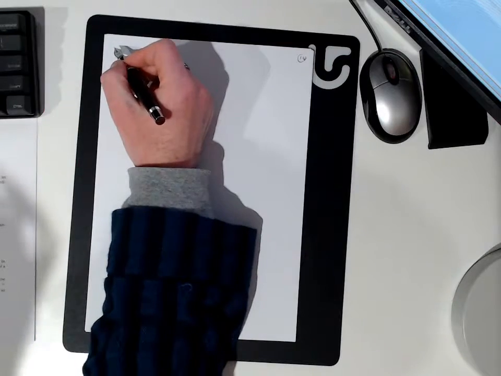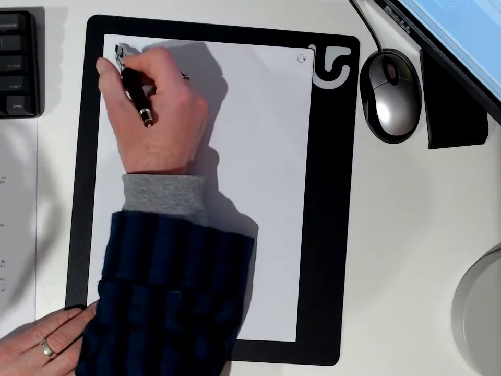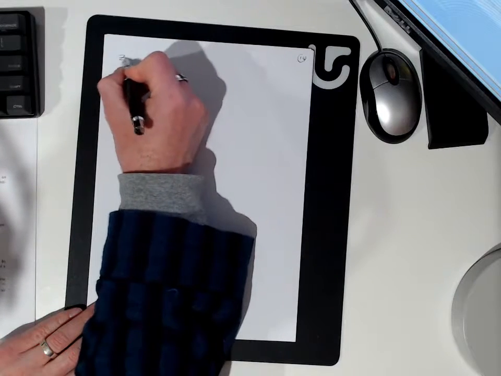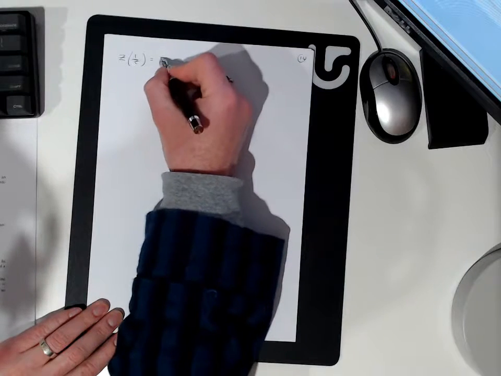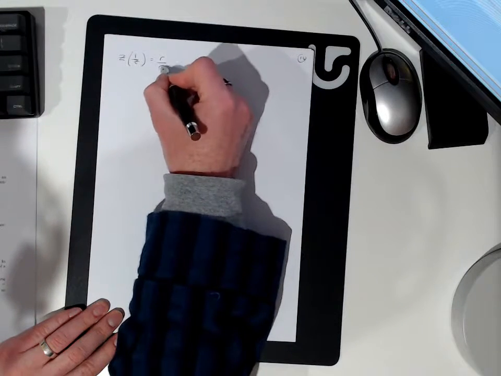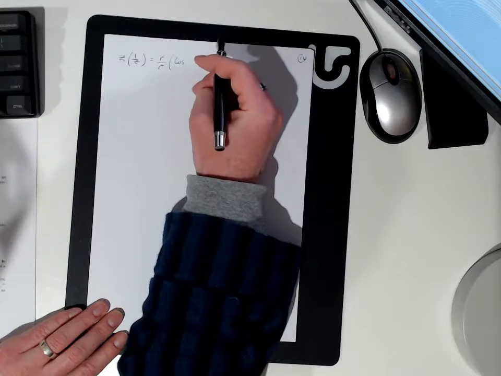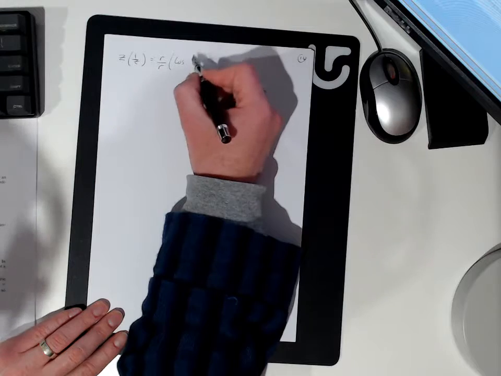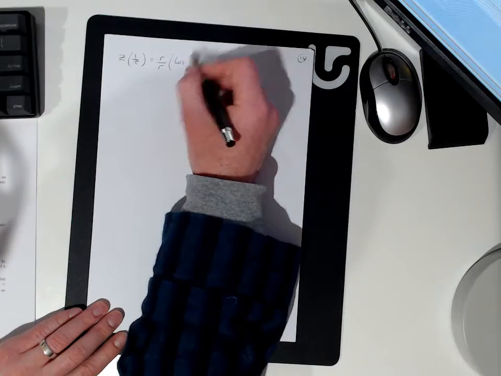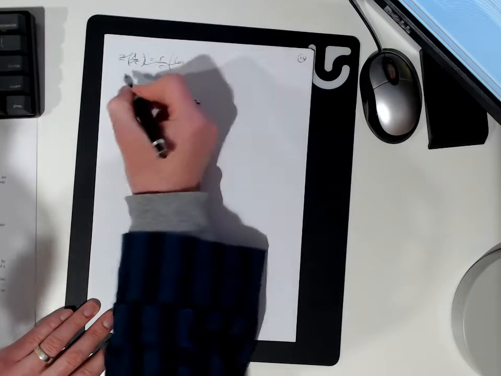Right. So what is worth noting is that the following is true. Z times 1 over Z, right? Sorry, let me rewrite this.